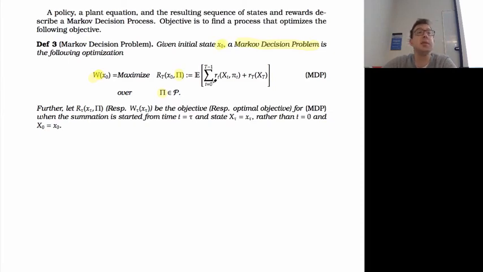So just the same as before, r of tau is going to be this function, but with the sum starting from tau and not from 0 here. And w tau is going to be the maximization of that term, where we just look at the rewards from now until the end of time.